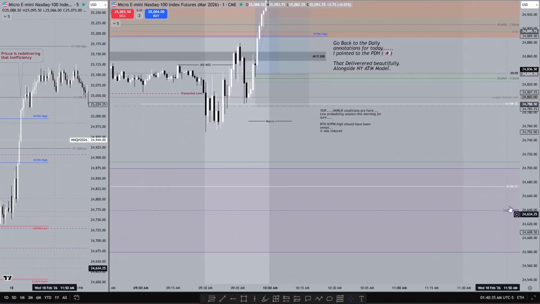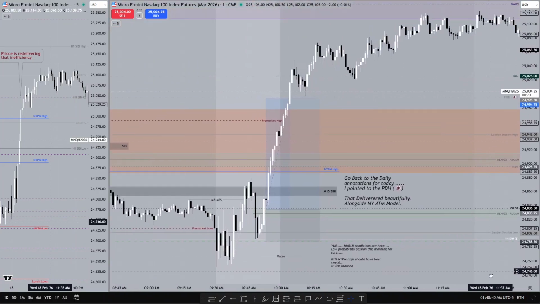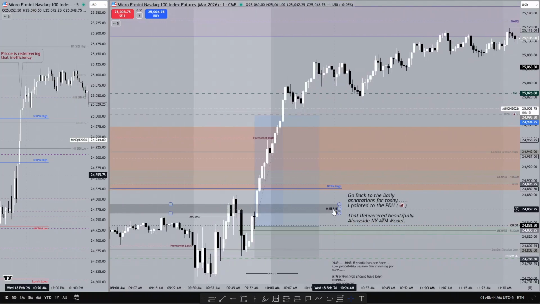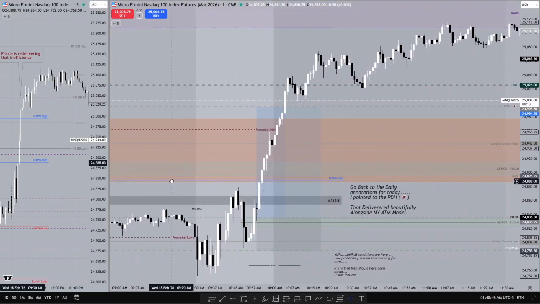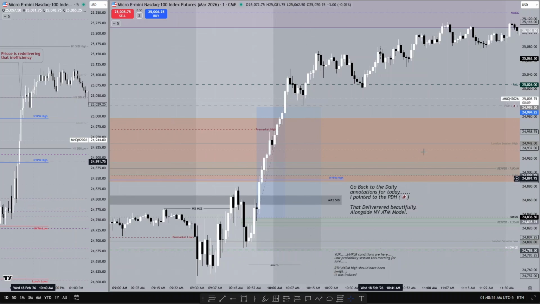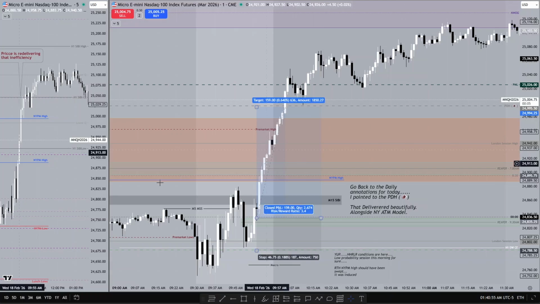This one low, last line of defense, New York opening gap. The daily chart rejected this. We saw it looking for follow through, and follow through came in here with market structure shift and this rally. This rally is rejecting sell side, moving towards previous day high, which was the draw. And that's the first reason.